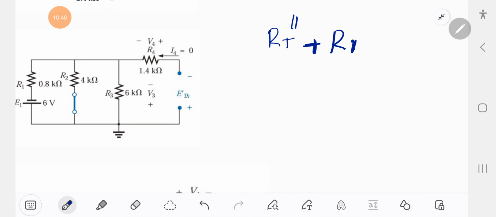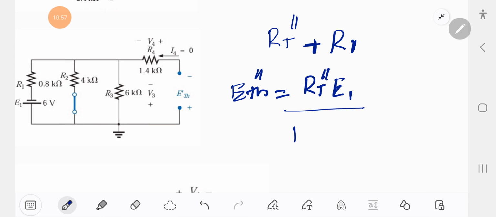Now we will apply the voltage divider rule to find ETH double dash, which is equal to RT double dash times E1 over RT double dash plus R1.